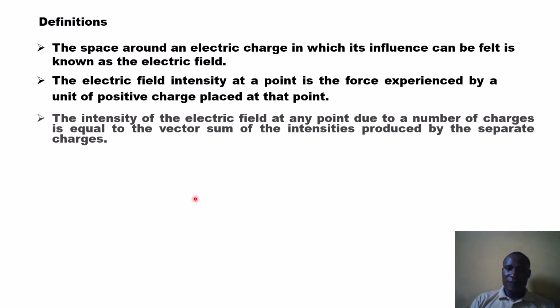So this field, other charges, other elements, other things will be around it. So there will be a force, either pushing it away and creating a distance, or pulling it toward itself.